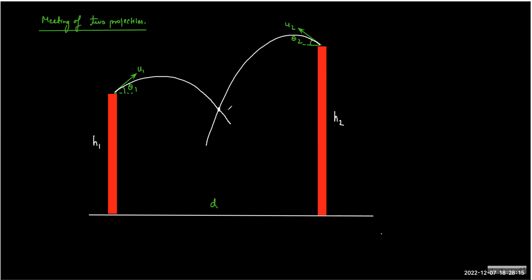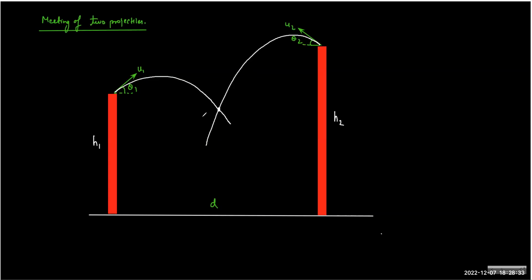This motion is not one dimension, so we have to choose a proper coordinate system so that we can assign proper X, Y coordinates for each particle.